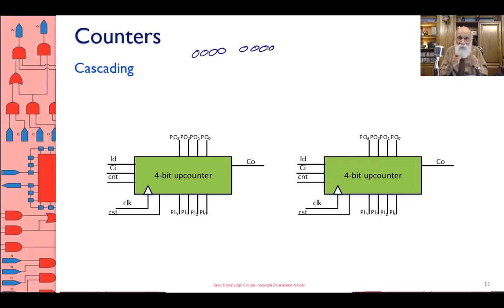While the right counter is counting from 0, 0, 0, 0 to 1, 1, 1, 1, the left is quiet. So this goes to 0, 0, 0, 1, then 0, 0, 1, 0, while this is quiet, sitting at 0, 0, 0, 0. This continues until this gets to 1, 1, 1, 1. This is still quiet though.